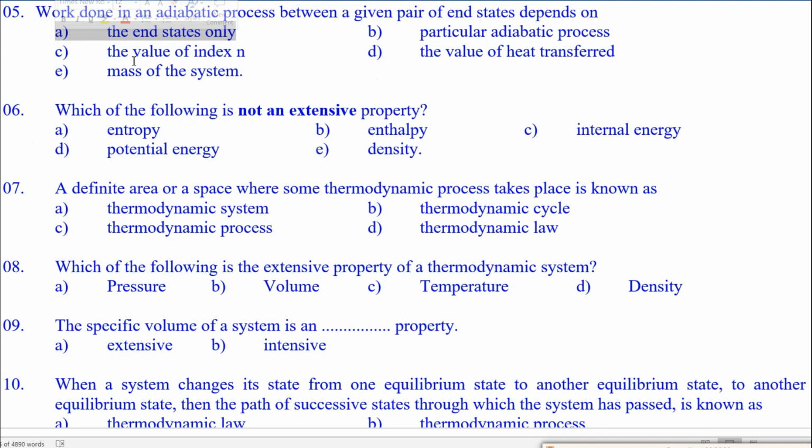Actually work done depends upon the end states as well as the path, that is the process. Already the path, the adiabatic process, is stated in the question, so the remaining is only the end states. So for question number 5, answer is A, the end states only.